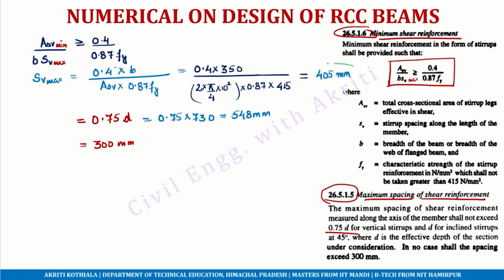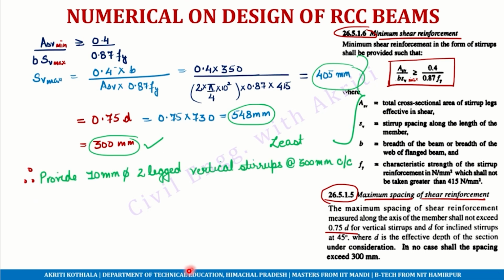Now out of 405 mm, 548 mm and 300 mm, we have to select the least value, which is 300 mm. Therefore, we will be providing 10 mm diameter two-legged stirrups at 300 mm center to center, in addition to the two bent up bars which we have provided.